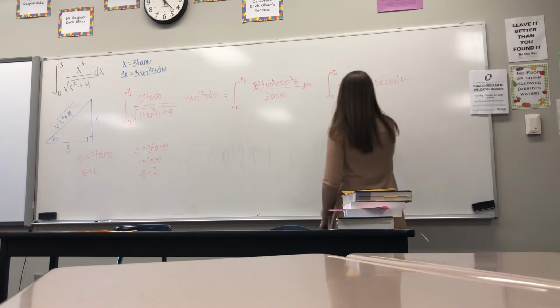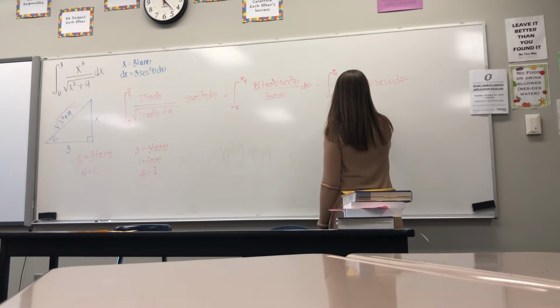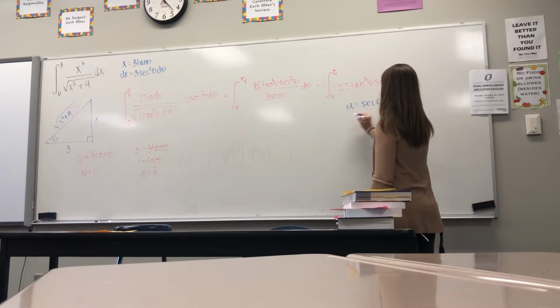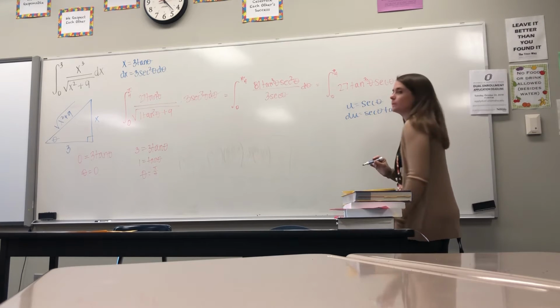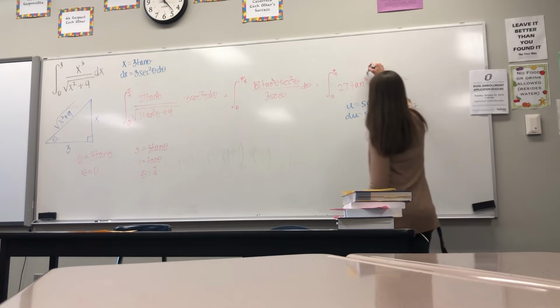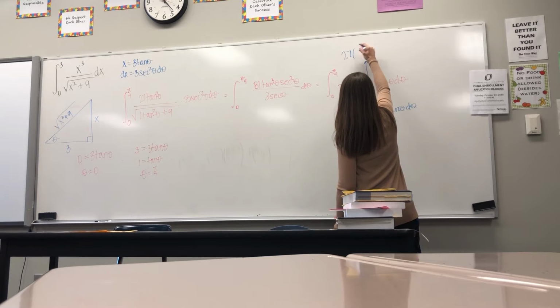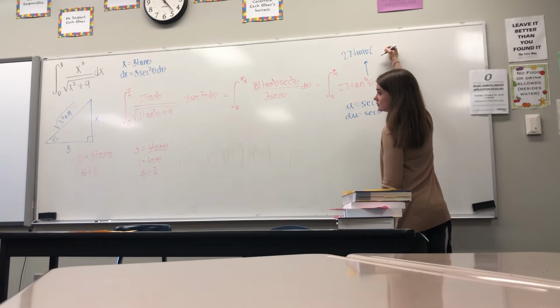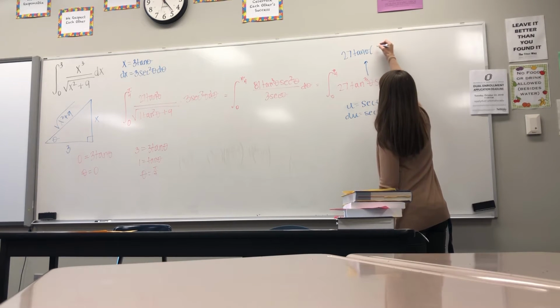What would our u substitution be? If u equals secant theta, then du equals secant theta tangent theta d theta. So yes, we would have to change this to be 27 tangent squared theta times tangent theta secant theta.